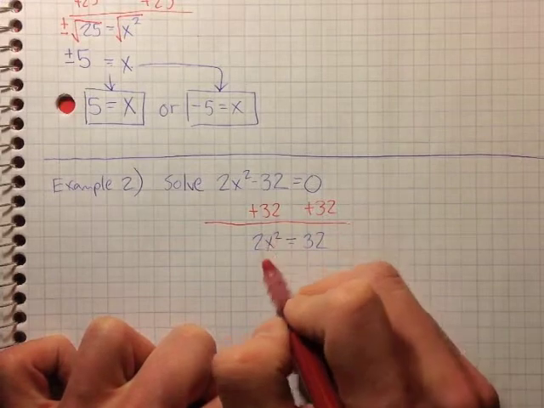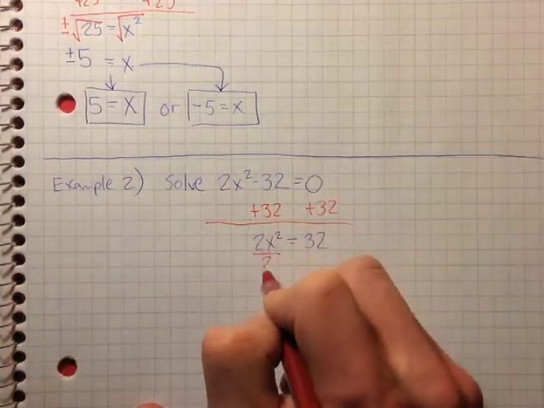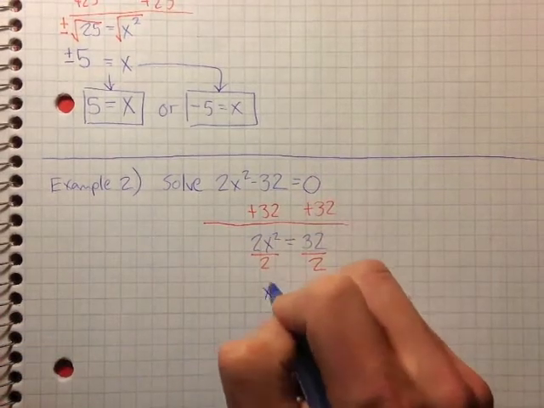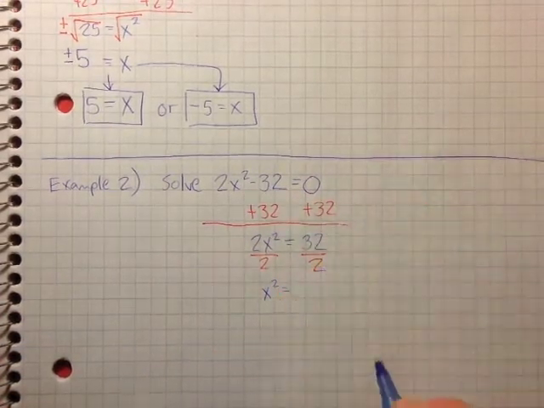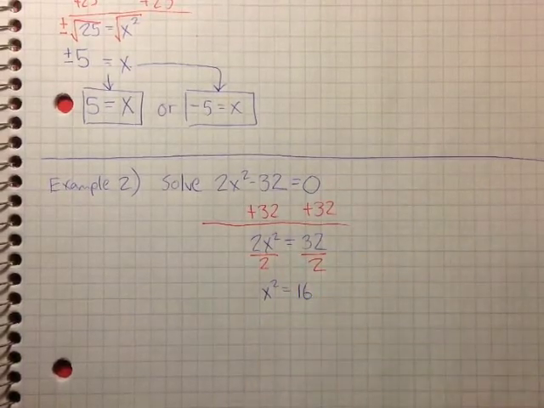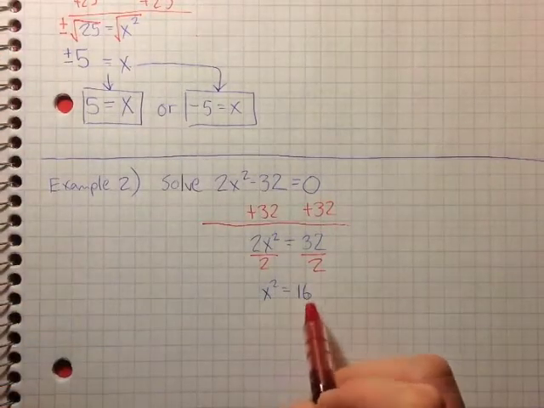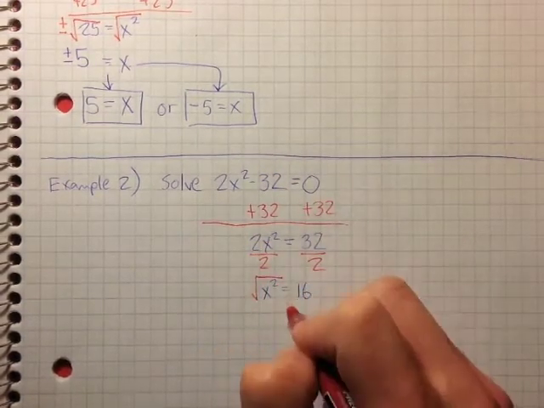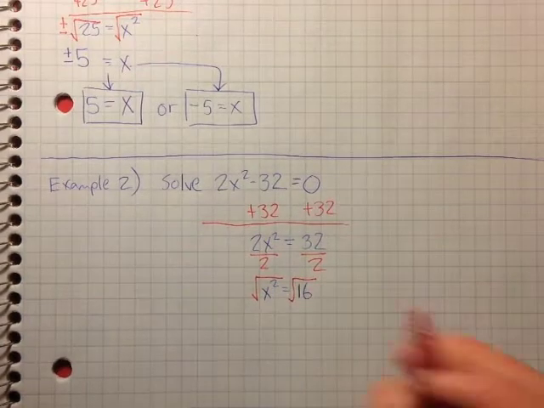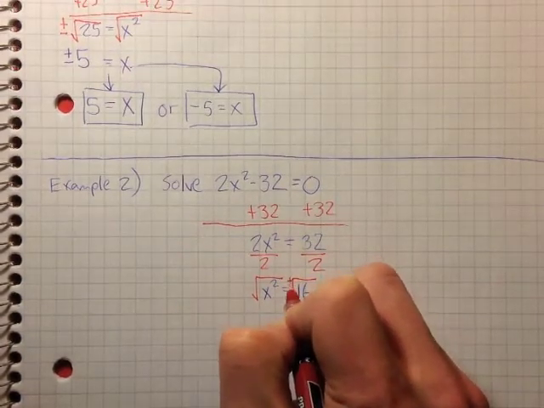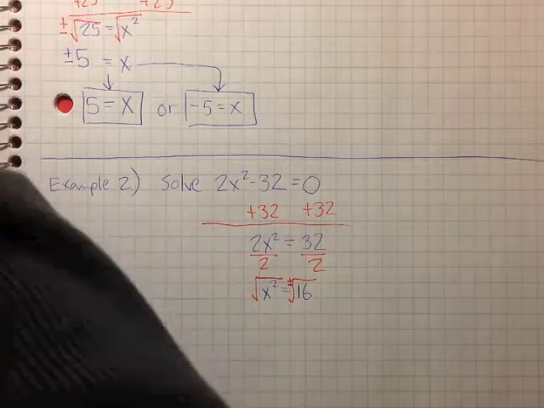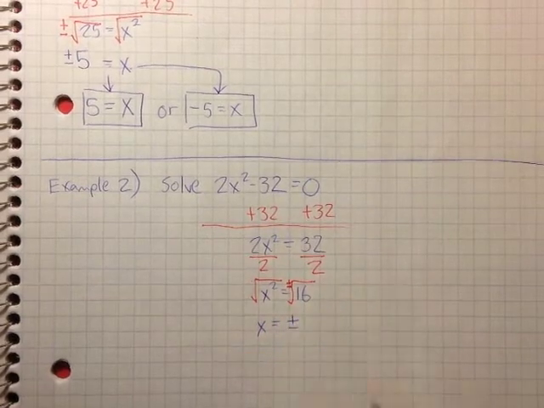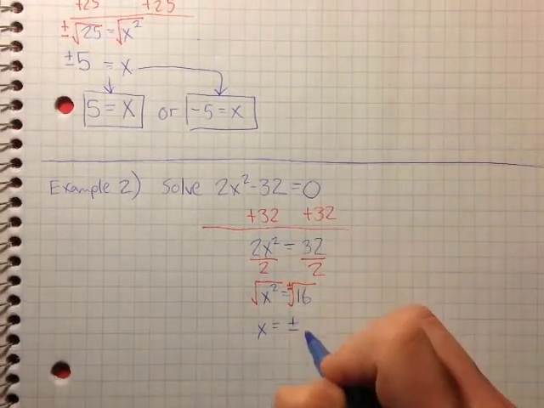Now the next step to solving for x squared is to divide both sides by 2. So x squared equals 32 divided by 2, which is positive 16. Now the last step to solve for x is to do the opposite of squaring, which is square rooting. So square root both sides, but over here you have to include plus or minus. So x equals plus or minus the square root of 16, which is 4.